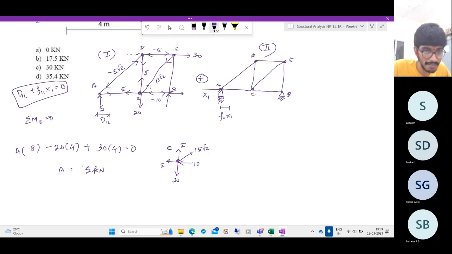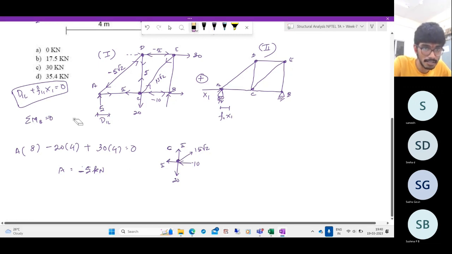Sorry. A is -5, right? So A plus 5 is A, 8A plus 40 equal to 0. So this is minus. So all these forces are reversed in direction. Sorry about this. So this is a downward force and this is positive.